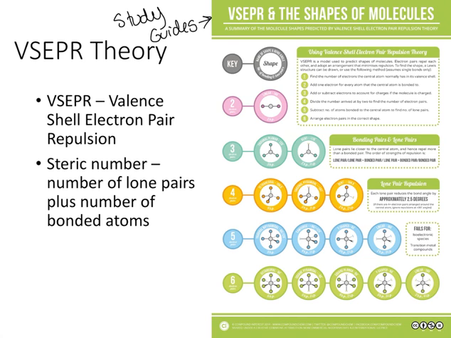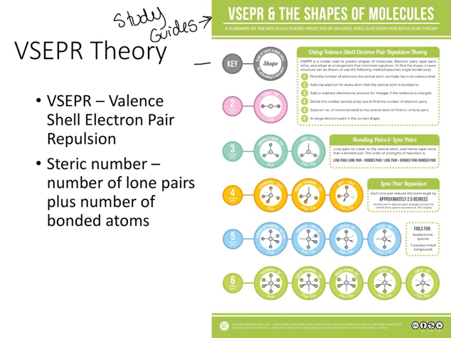So this handout comes from compoundchem.com, and this website has a lot of really cool graphics summarizing different topics in chemistry. So I encourage you to check it out just for general interest. But let's step through VSEPR theory and these different shapes.